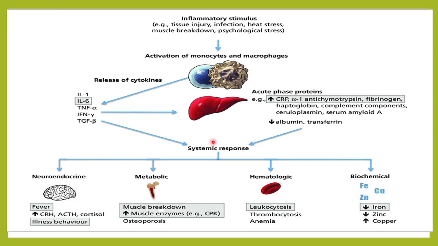The patient will have fever, illness behavior, thrombocytosis, anemia, a decrease in iron, an increase in copper, metabolic changes like osteoporosis, and increased muscle enzymes like CPK. All these symptoms come whenever there is inflammation. Rubor, calor, dolor, tumor, all these are because of the inflammatory mediators and also these acute phase reactants, which are produced to fight against the inflammatory stimulus.